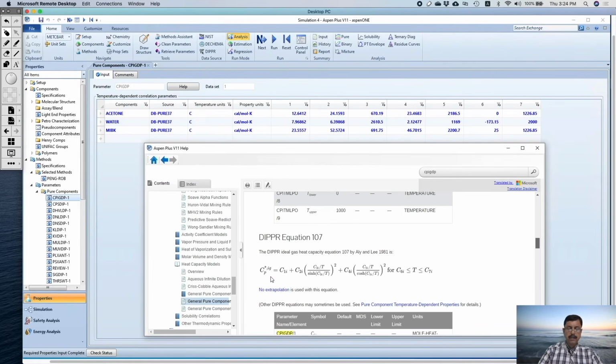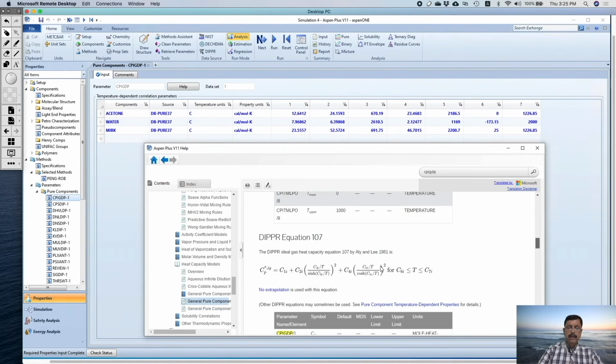Here in this equation, you may find that ideal gas heat capacity is expressed as a polynomial where coefficients C1, C2, C3, C4, C5 are there, and this equation is valid only within this temperature region, which is within C6 and C7.